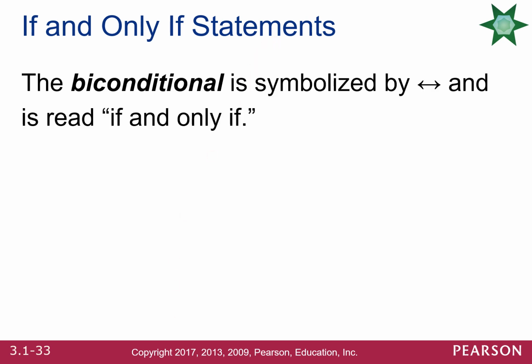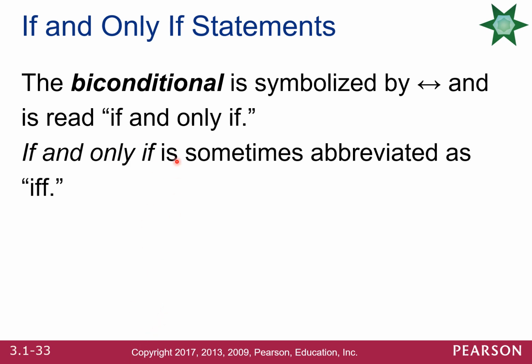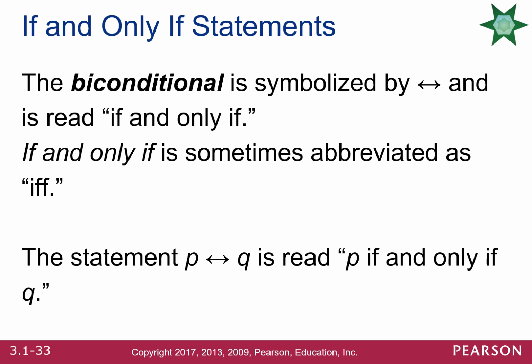It says the biconditional is symbolized by an arrow pointing at both ends, and it is read as if and only if. If and only if is sometimes abbreviated as IFF. The statement P, followed by the symbol for if and only if, Q, is read as P if and only if Q.